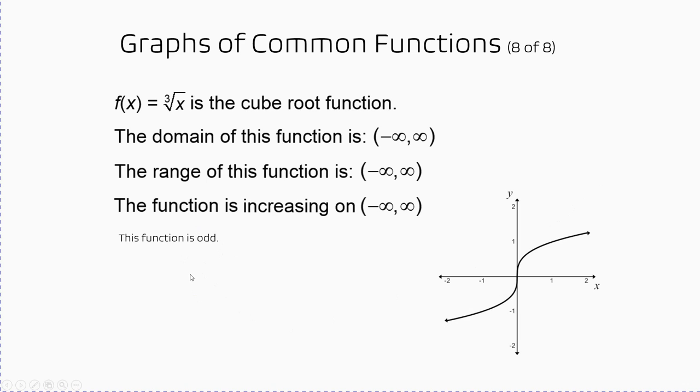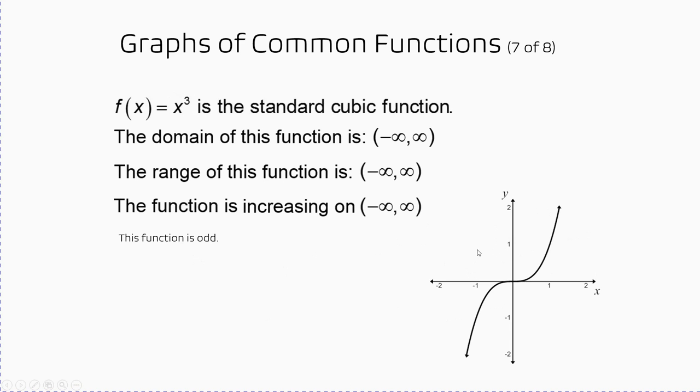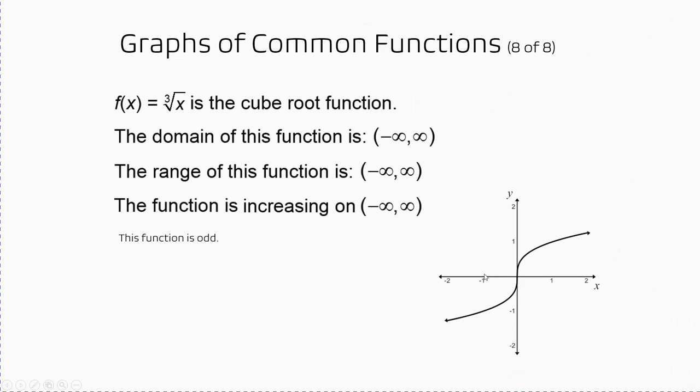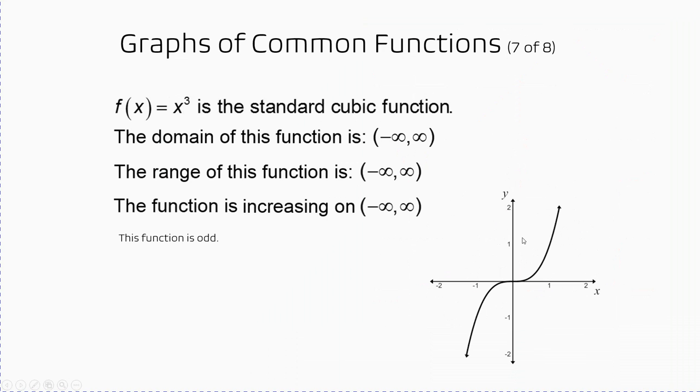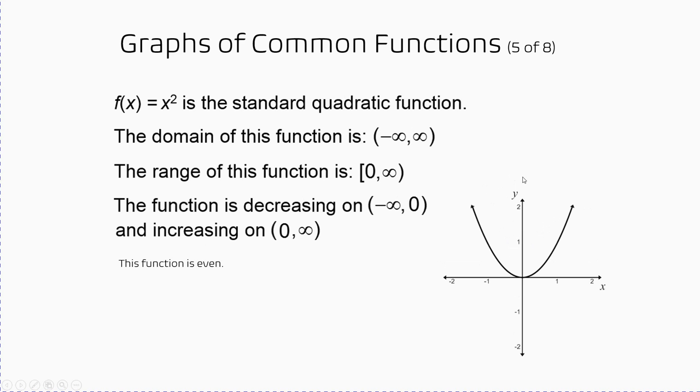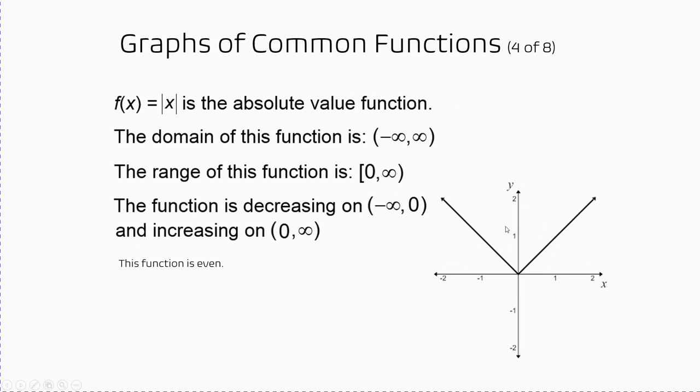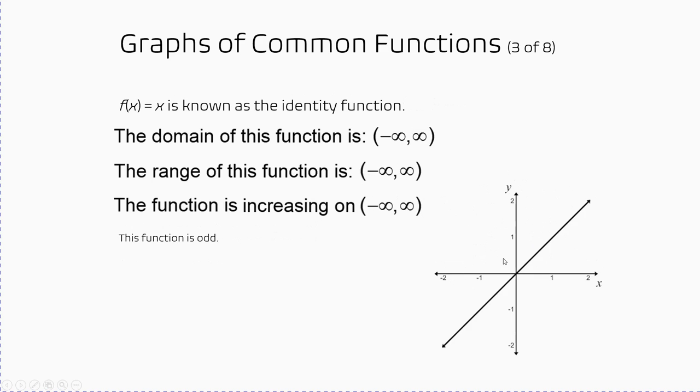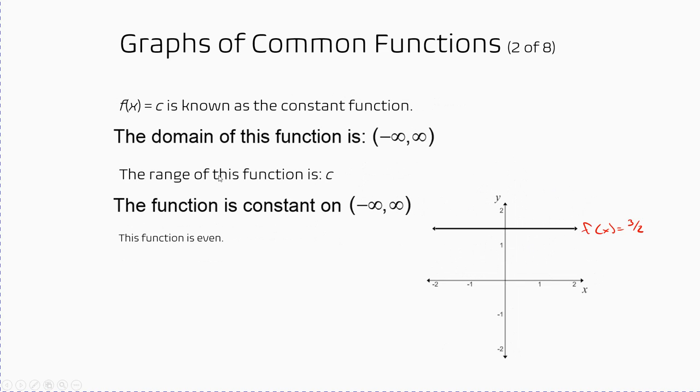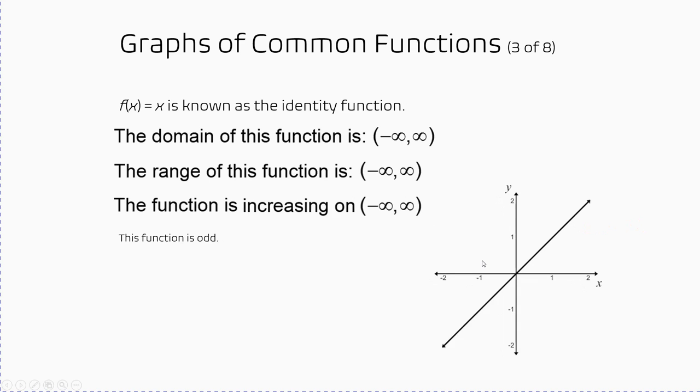In the next lecture, we're going to take these 7 parent functions: the cube root, the cubic function, the square root function, the quadratic function, the absolute value function, the identity function, and the constant function. We won't do too much with the constant function.